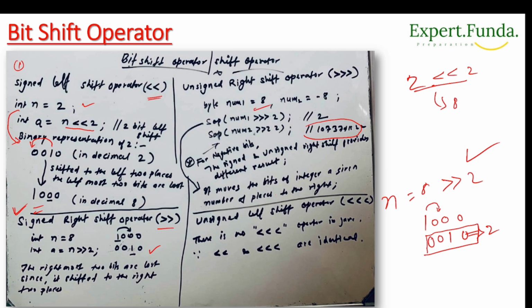If we have a positive number, it moves the bits of the integer by a given number of places to the right. Like we have given 2 shifts, so we make a 2 shift. If it is 3, then we come toward 0001, so this will become 1. If it is n shifted by 2, you will get this one value.